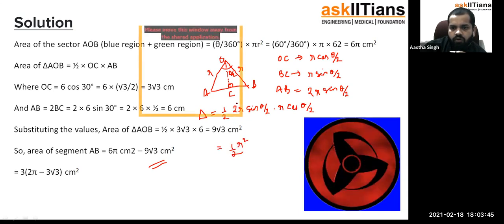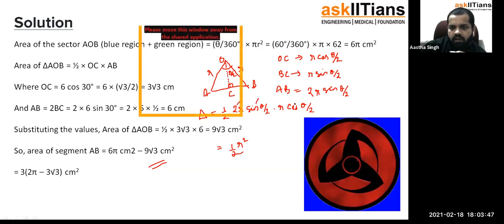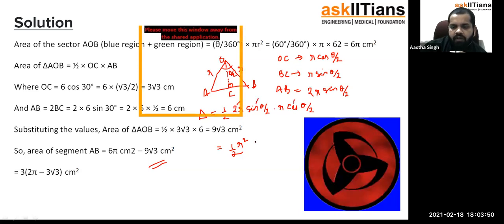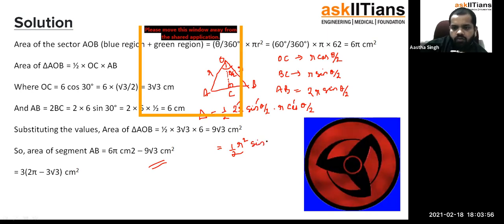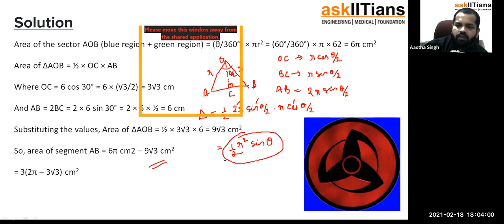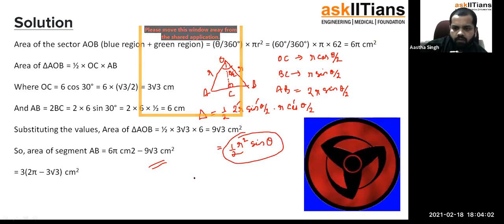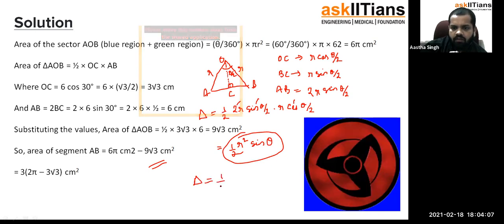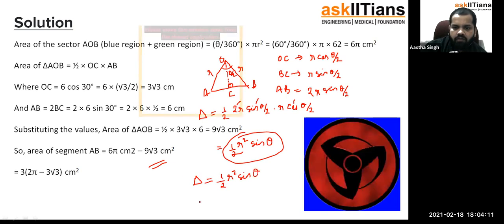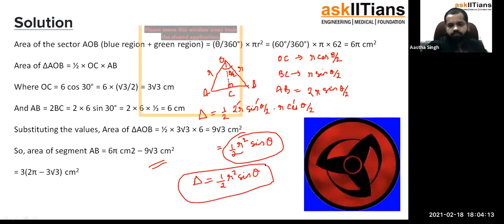Your 2 sin theta by 2 and cos theta by 2 will become sin theta, since 2 sin theta cos theta is sin 2 theta. Always remember the formula that area of triangle in case both sides are the same, half r square making an angle theta, will be equal to half r square sin theta, right?